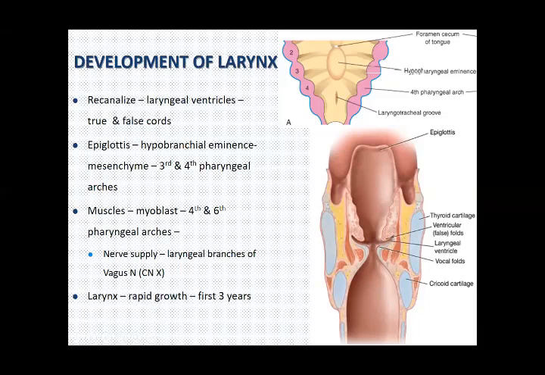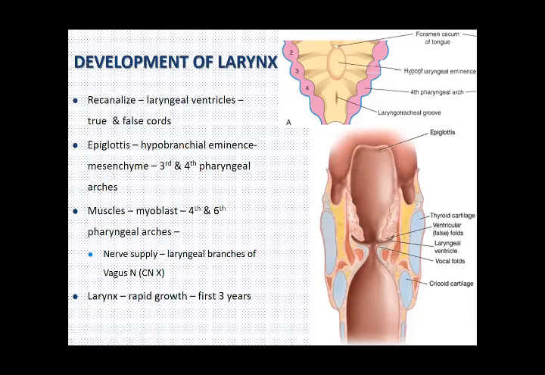As I told you, in the process of recanalization the folds are formed because at places the lumen is completely restored, and at places it is only partially restored, forming folds.